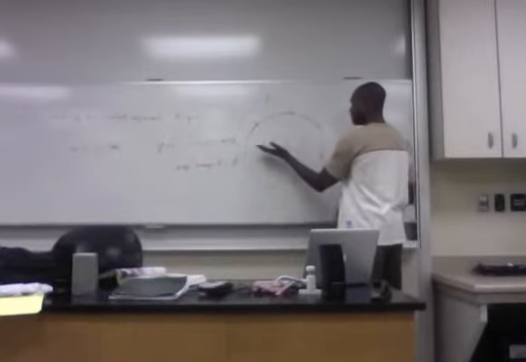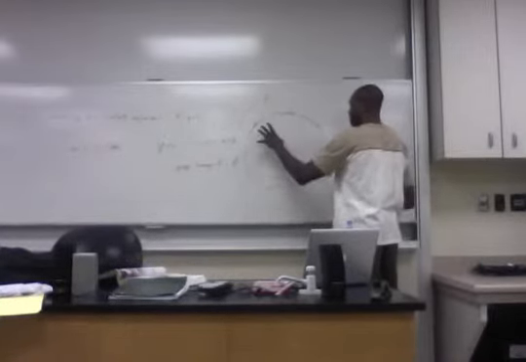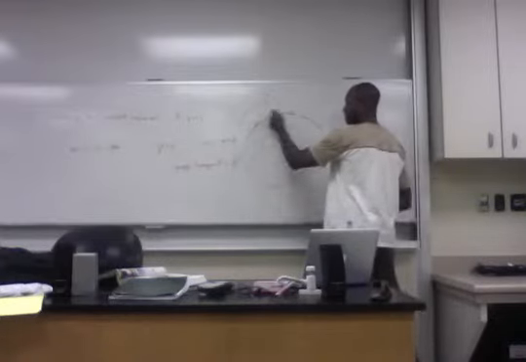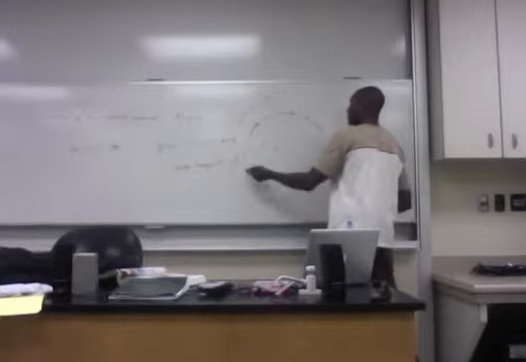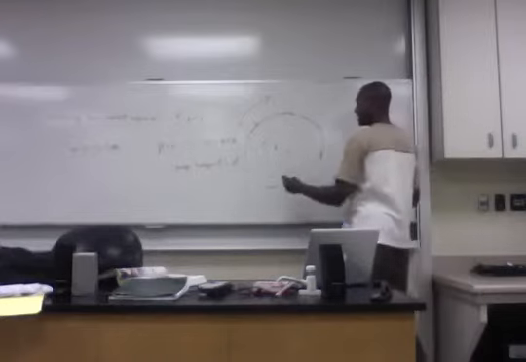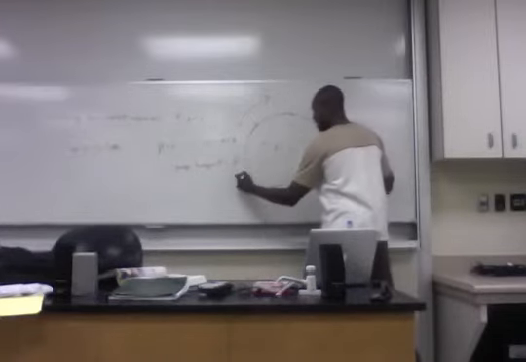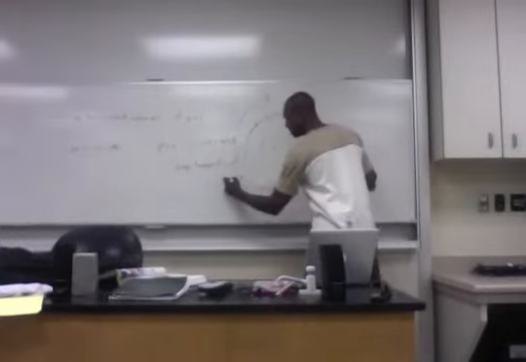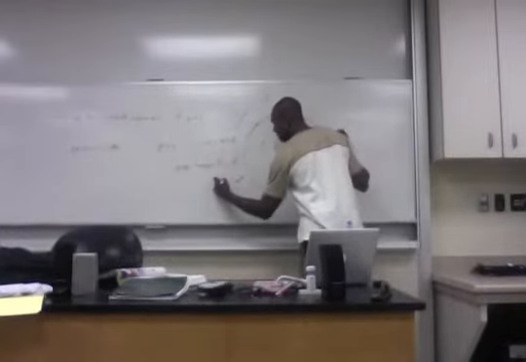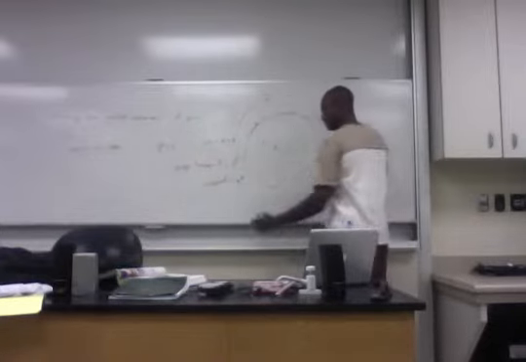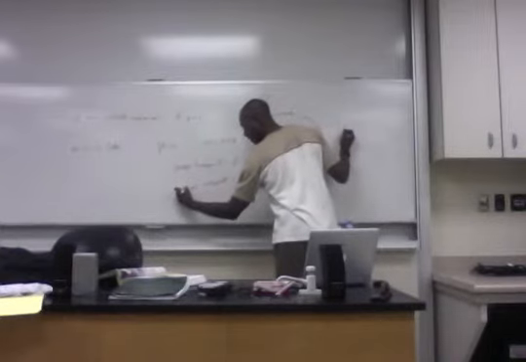Okay, so now we know that since the direction is changing, these people are accelerating. Now, if the speed was changing, let's say your RPM was increasing over time, from 10, to 20, to 30, so this thing was rotating faster and faster, you would say this thing's accelerating because of a change in speed. And now we would call that AT, tangential acceleration. We're not going to be talking about it too much, because that's similar to what we've been doing before.